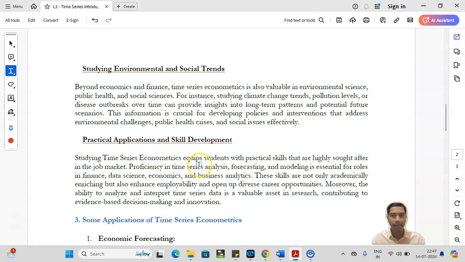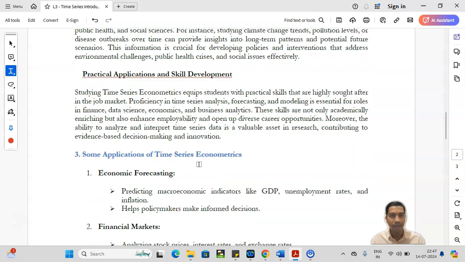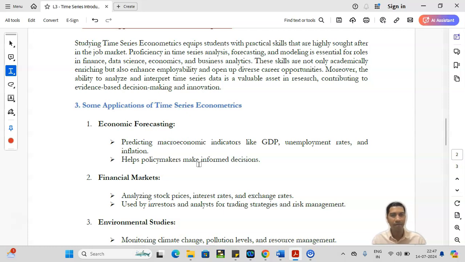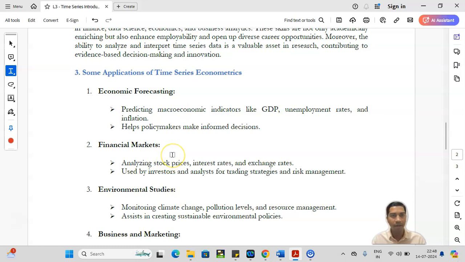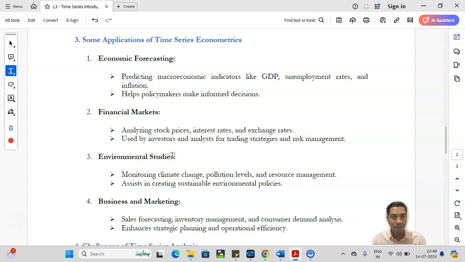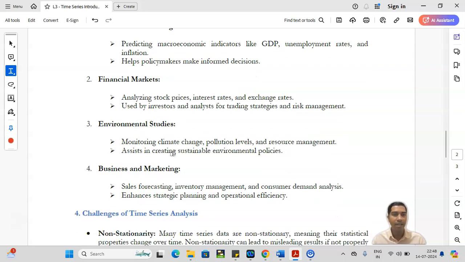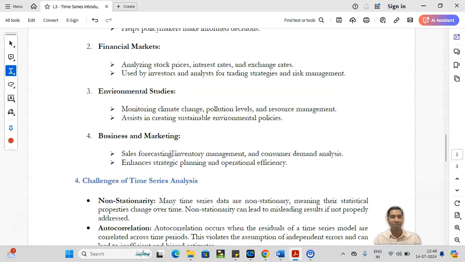Some of the applications are economic forecasting, financial markets, environmental studies, business and marketing, etc. Wherever you have a variable and that variable's data is collected over a period of time, there you can use time series econometrics.